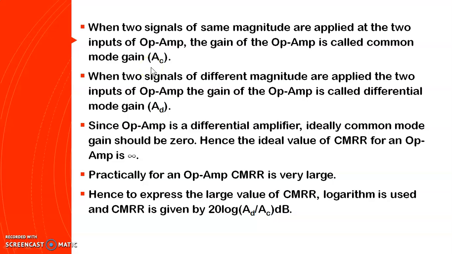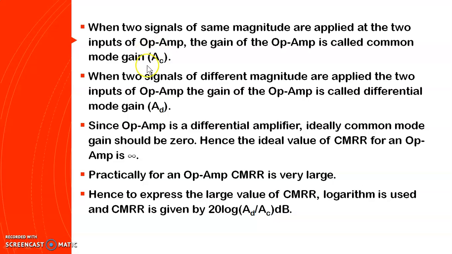Since our op-amp is a differential amplifier, ideally it should not amplify any common signals which are given to it. That is, for an ideal operational amplifier, AC should be 0. Hence, for an ideal operational amplifier, CMRR should be infinity, because CMRR is given by AD by AC, and AC is 0 ideally. But practically it is not completely 0.